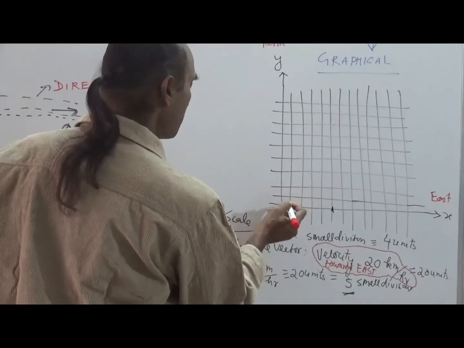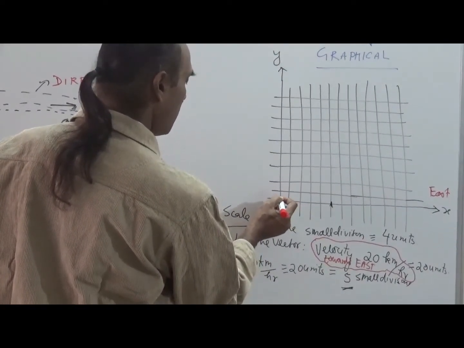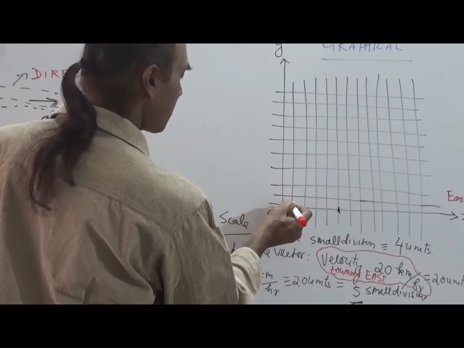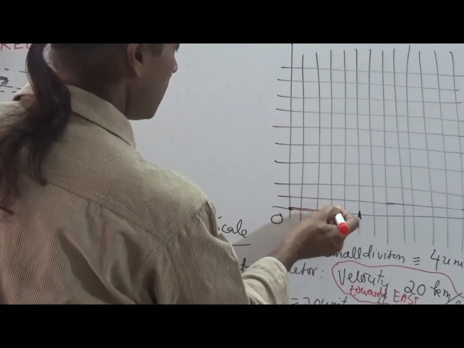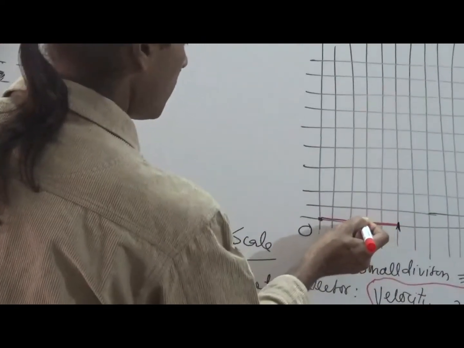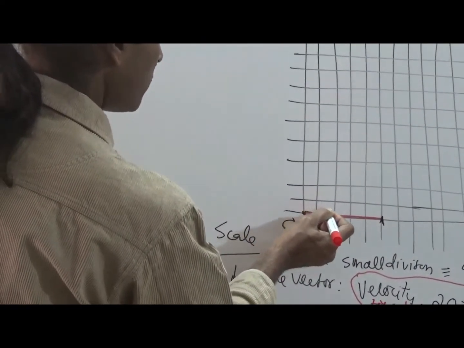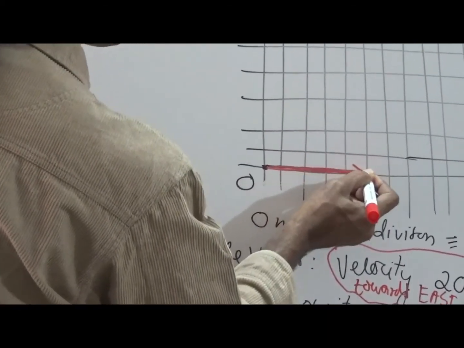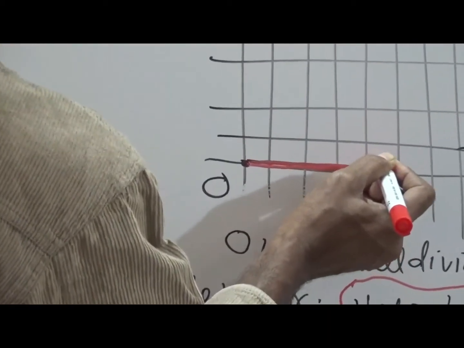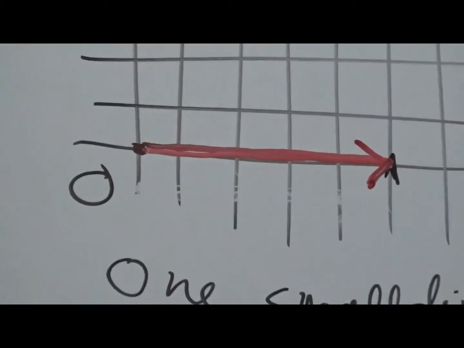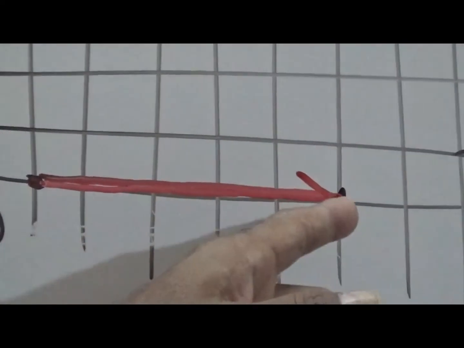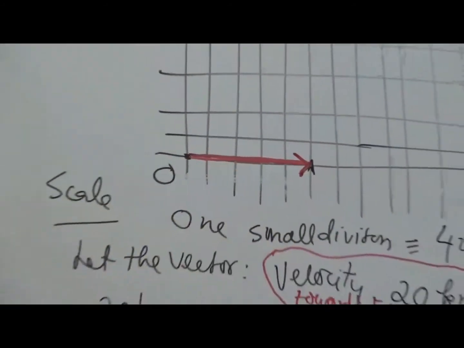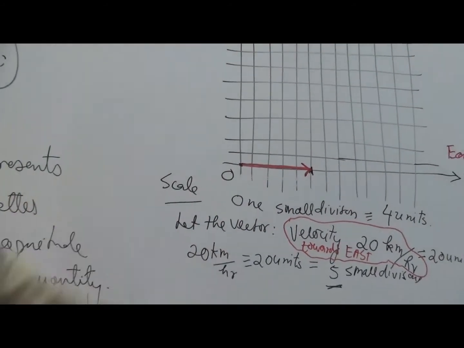So for the sake of simplicity, take the origin here. From the origin you have to take 5 small divisions in the direction of east, or positive x direction, and the arrow should be given at the end of the segment in the direction of east, the positive x-axis.